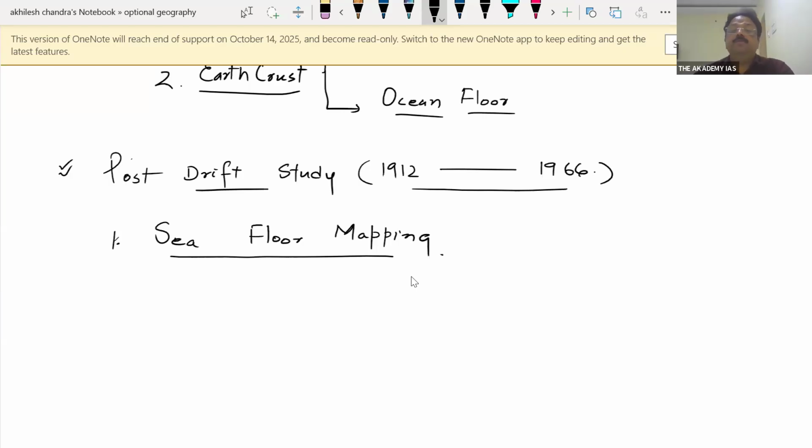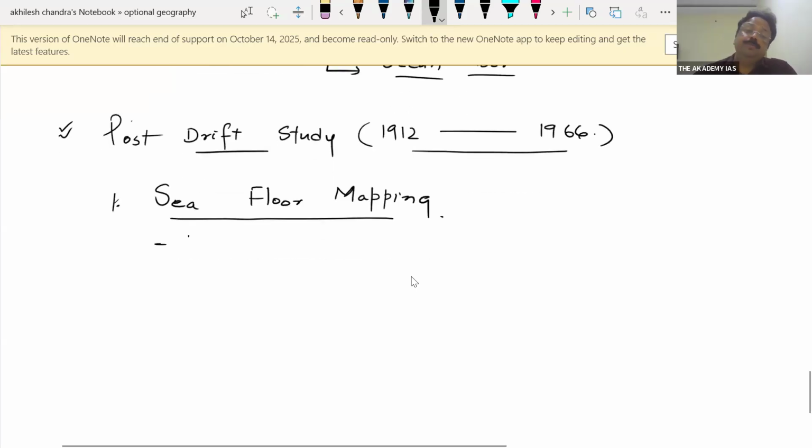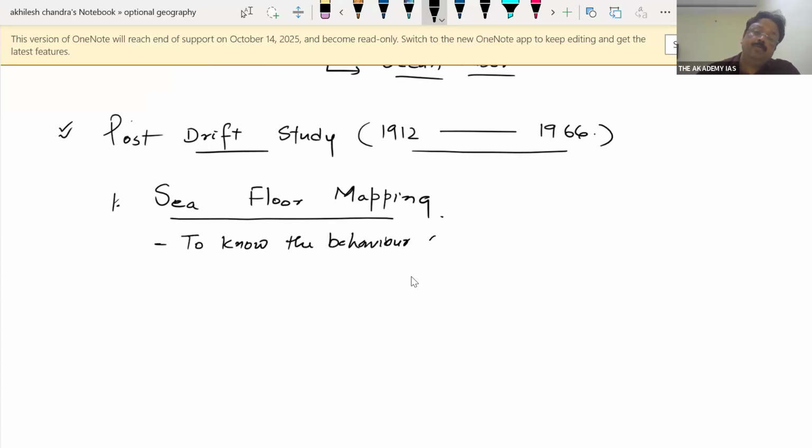So seafloor mapping was done in order to know the behavior of the ocean floor, because at that time it was known that the continental floor is floating over the oceanic floor, Sial floating over Sima.